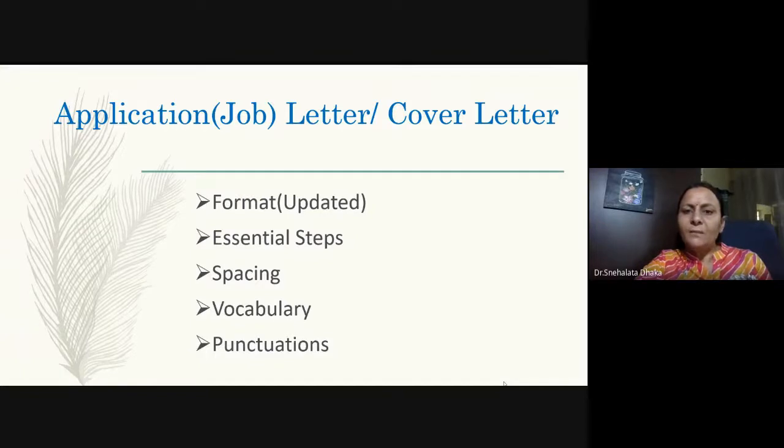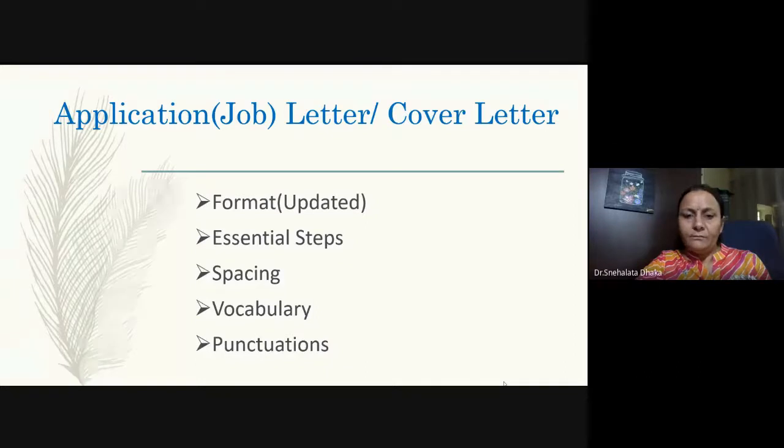So spacing plays a very important role in letter writing, and that has to be cautiously taken care of by the applicant.